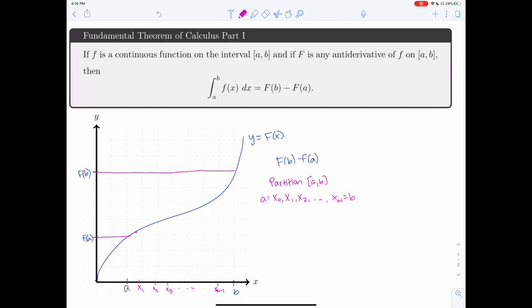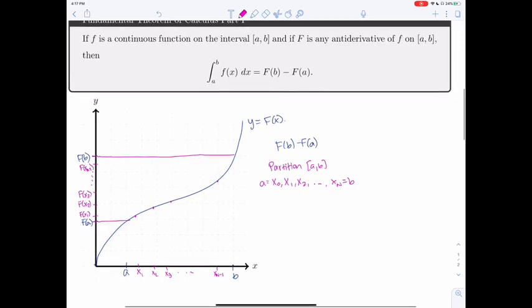Then we have our F of x1, F of x2, F of x3, F of x4. And it might not always look this nice, but that's totally fine. It would work out no matter what, and we're just sketching a proof right now.